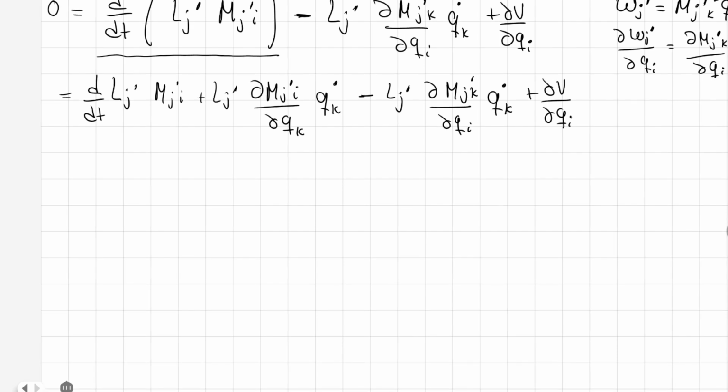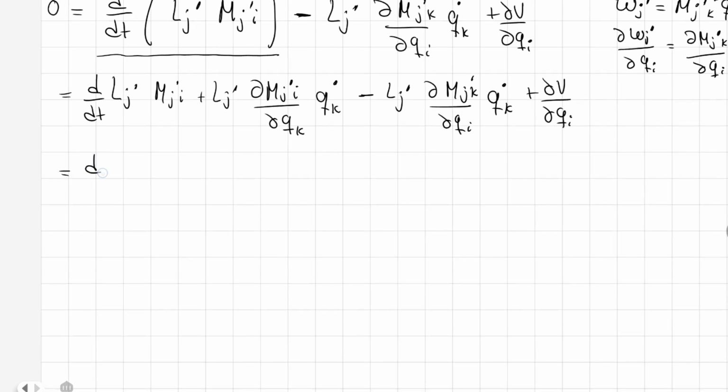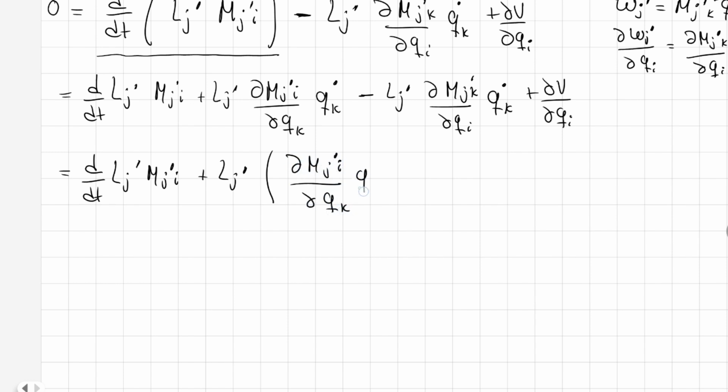So we are going to get that this is the derivative with respect to time of l_j' m_j'i, and then plus l_j', which is going to multiply the partial of m_ji with respect to q_k dot, minus the partial of m_jk with respect to q_i, q_k dot, plus the partial of V with respect to q_i.